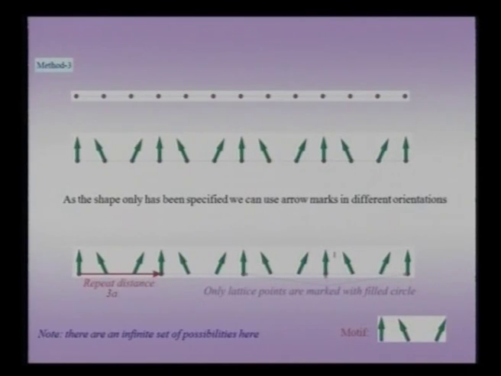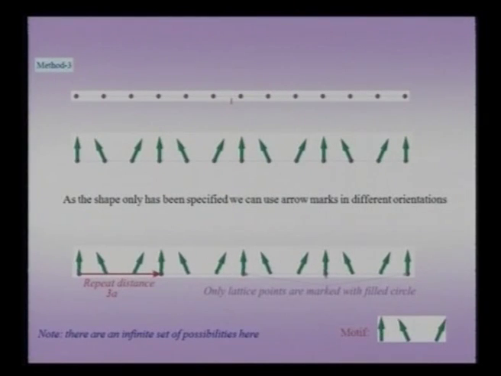So let us consider a method 3, wherein I don't play with the colors or the sizes, but I play with another degree of freedom which I have got in my hand, the orientation. So I take my original array of points and make sure that I put, say for instance, one up oriented arrow, then one more up oriented arrow at every third point. Then I can choose any other 2 orientations.